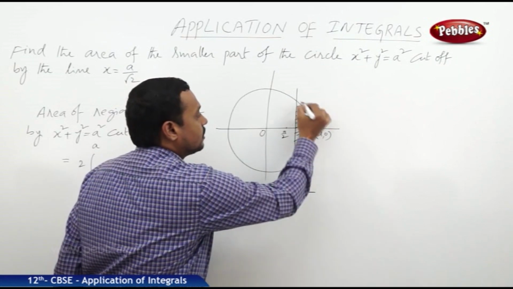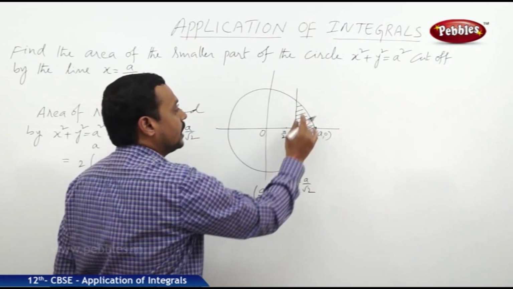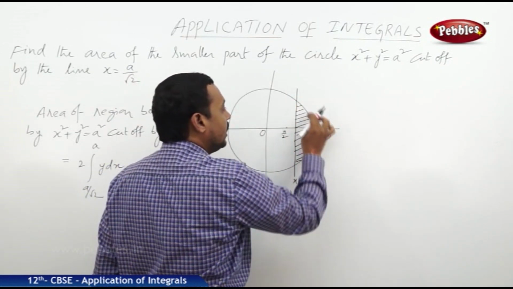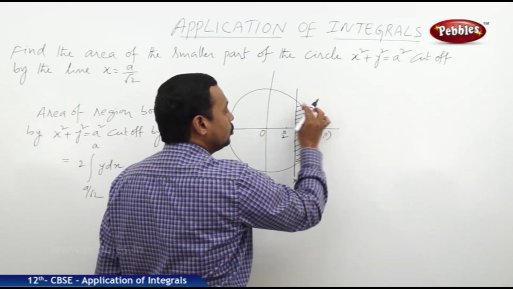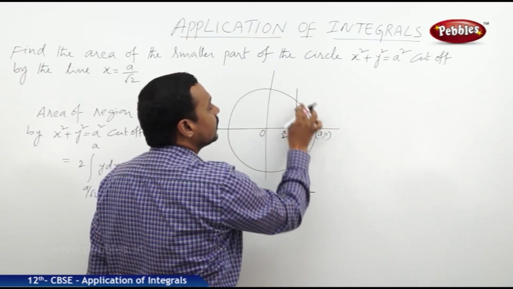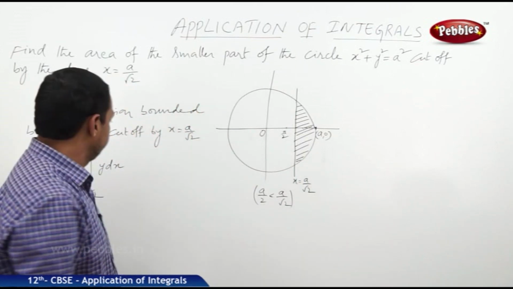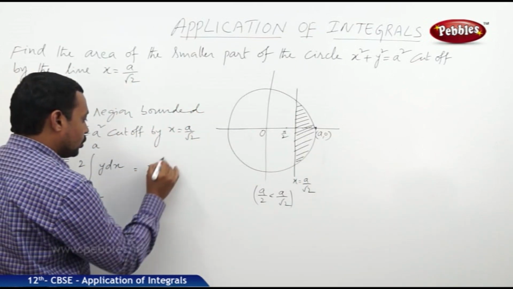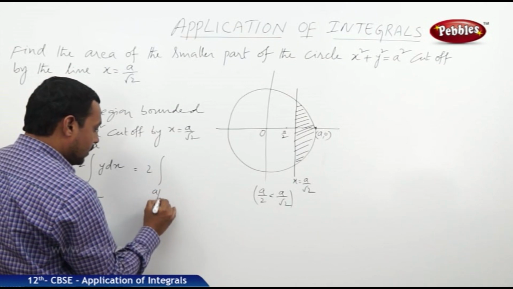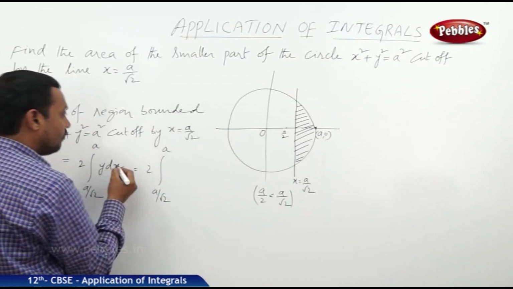Because it is symmetric about the x axis, this entire area is equal to 2 times the area in the first quadrant. Now this is equal to 2 into the integral from a by root 2 to a of y dx.